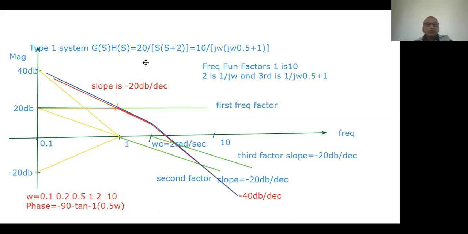Put the values of omega equal to 0.1, calculate phi; omega equal to 0.2, omega equal to 0.5, omega equal to 1, omega equal to 2, omega equal to 10.